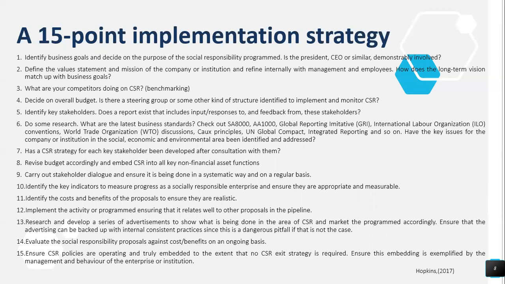Make sure that the key indicators are being met. Determine the cost and benefits of proposals. Implement activity or programming. Research advertisements, and then determine if it's backed up by ethics. Then determine the cost-benefit analysis for each social responsibility proposal, and then determine if the CSR policies are embedded.